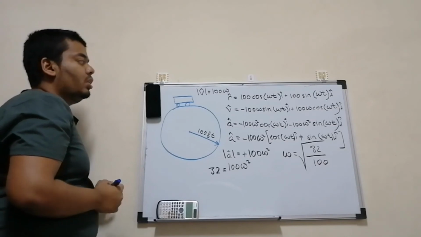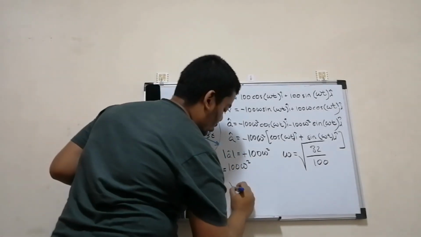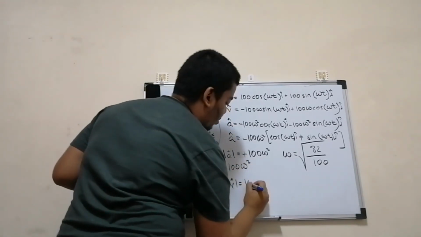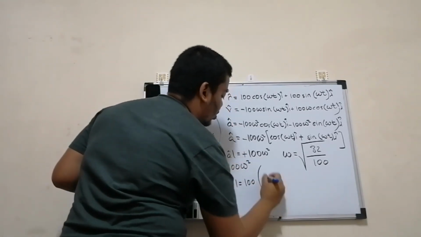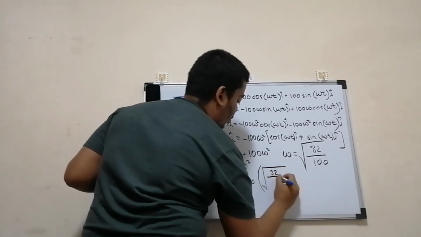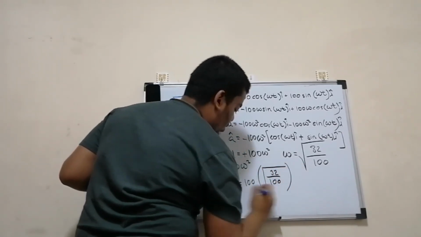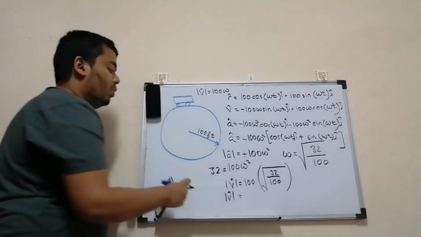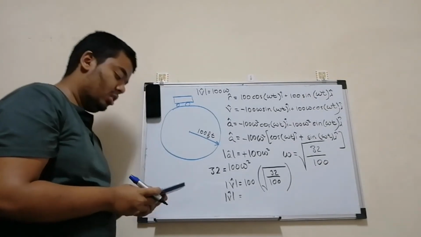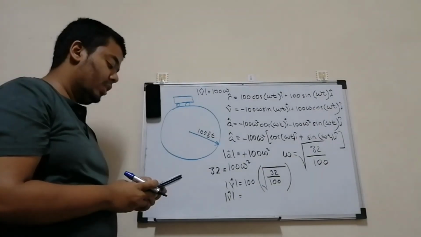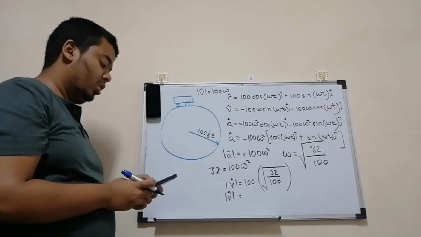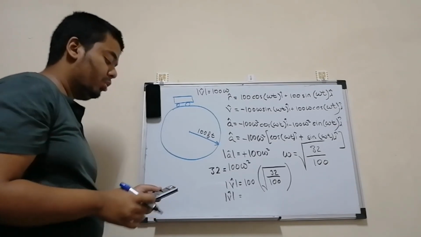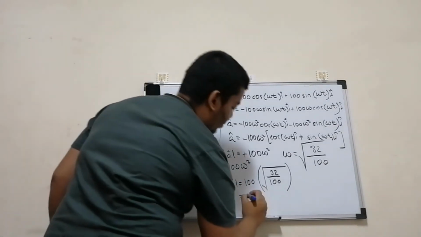Velocity is 100 into omega. So the velocity of the roller coaster throughout the ride is 100 times the square root of 32 over 100. So it will be 40 square root 2, or 56.57 feet per second.